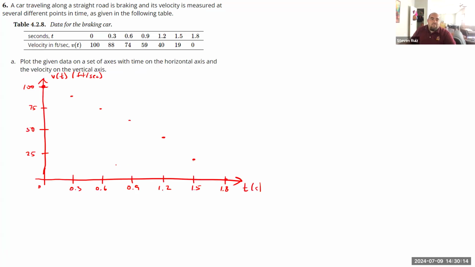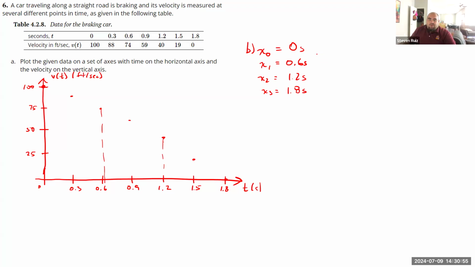So with 3 subintervals, that means I am going to use basically every 0.6 seconds. So my rectangles are going to be like this. For part B, x0 is equal to 0 seconds. x1 is equal to 0.6 seconds. x2 is equal to 1.2 seconds. x3 is equal to 1.8 seconds.